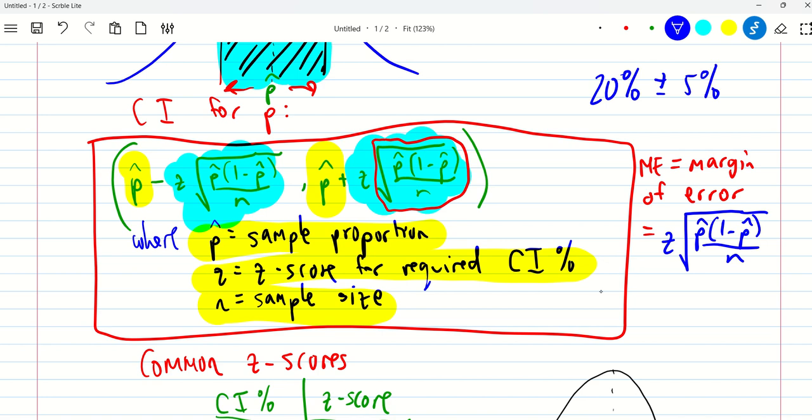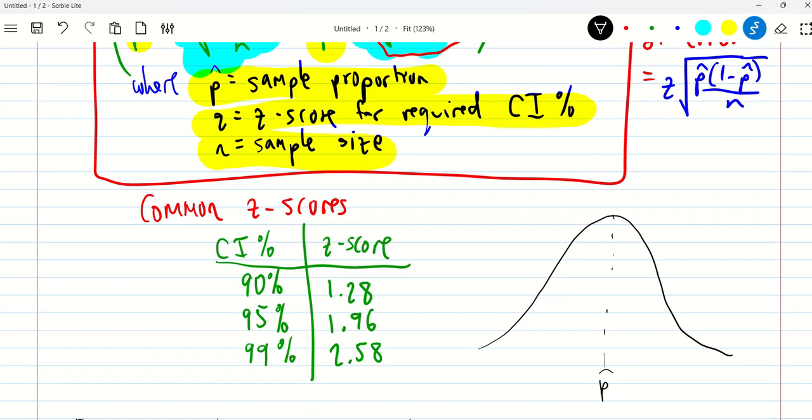That 5% is the margin of error. P hat is the 20%, and the plus or minus part goes between 15% and 25%. It doesn't come up heaps often, but sometimes margin of error is useful.